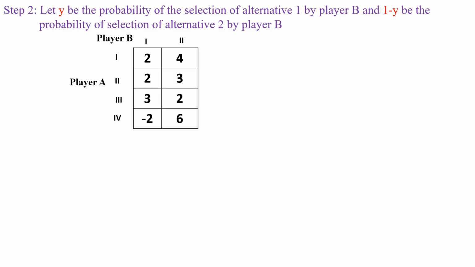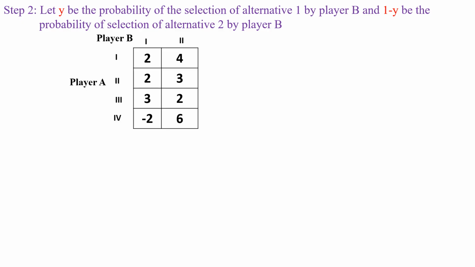Let's consider y as the probability of selection of alternative 1 by player B, and 1 minus y as the probability of selection of alternative 2 by player B. Here player B has 2 strategies.